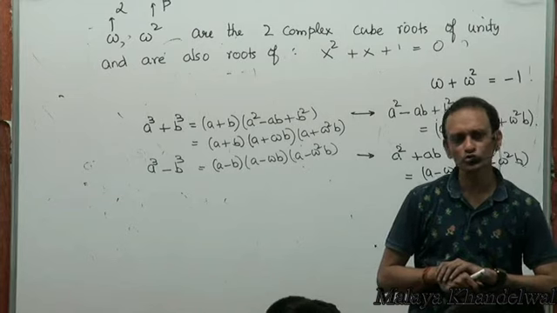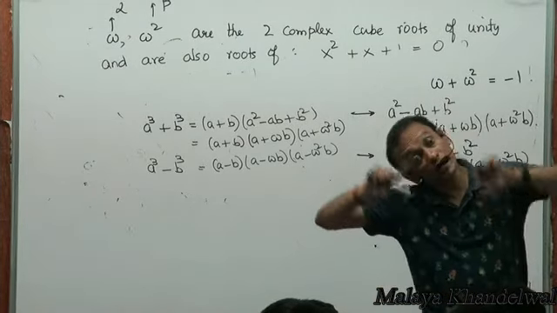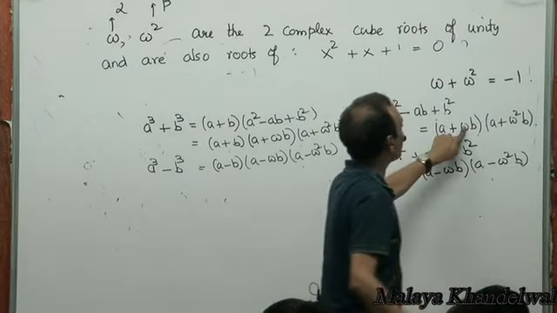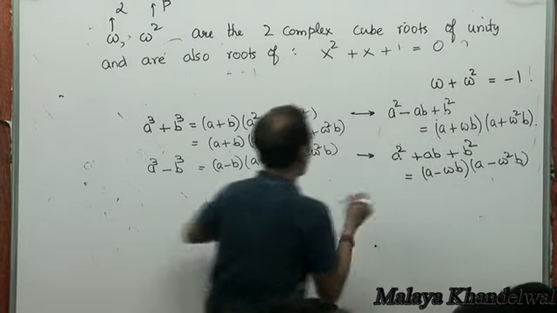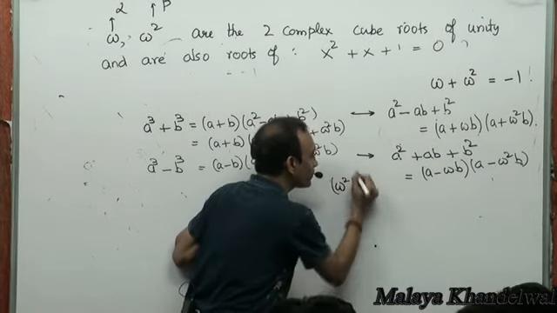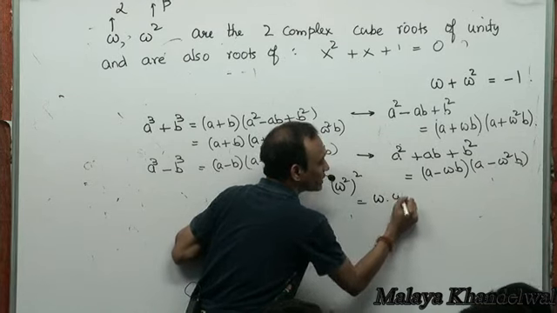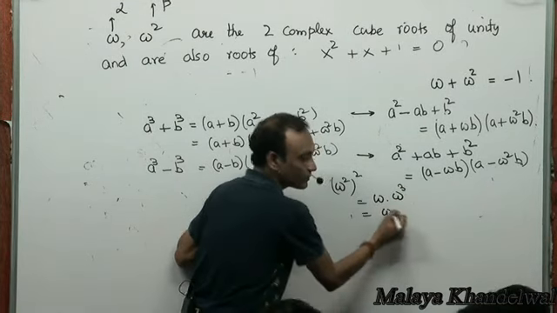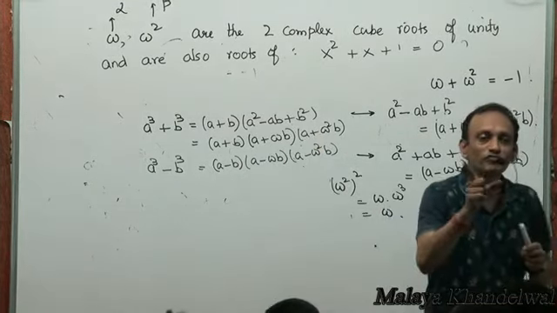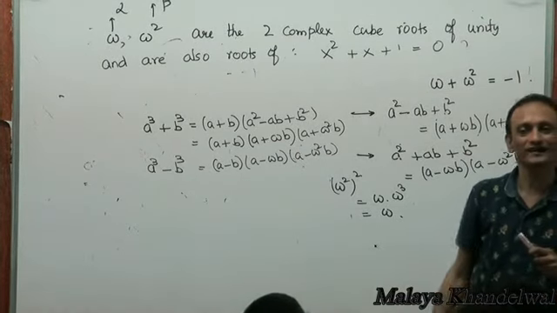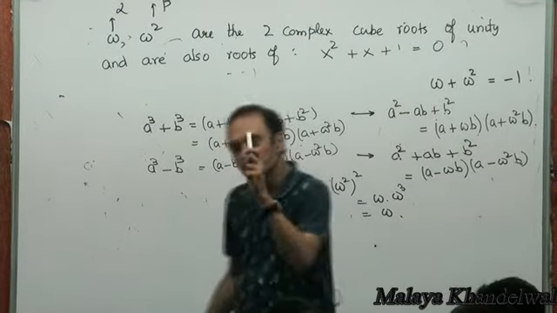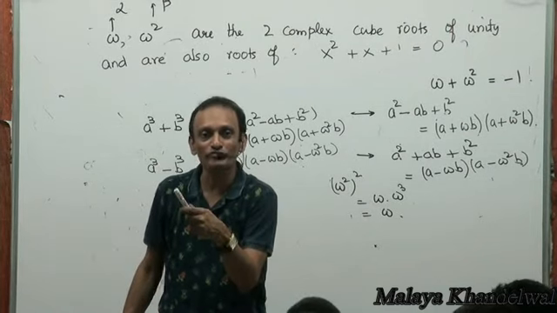The two complex cube roots of unity are not equal. They are squares of each other. If you square omega, you get omega squared. If you square omega squared, you get omega into omega cubed, which is omega. They are squares of each other, but they are not equal. Such is the apparent paradox offered by complex numbers.